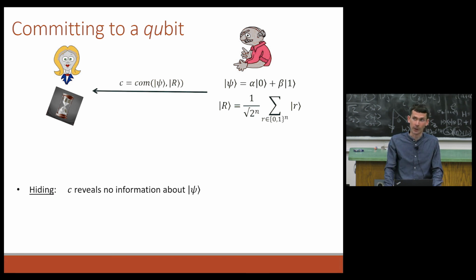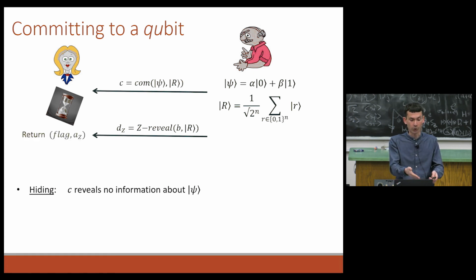So this is what I want of my qubit commitment protocol. There are two different possible things that Bob could reveal. Alice could say, please measure the qubit that you committed to earlier in the computational basis, the Z observable, and tell me what outcome you would get. And there should be a way for Bob to tell me something that allows me to recover a certain value A that is supposedly the outcome of a measurement on this qubit in the computational basis.